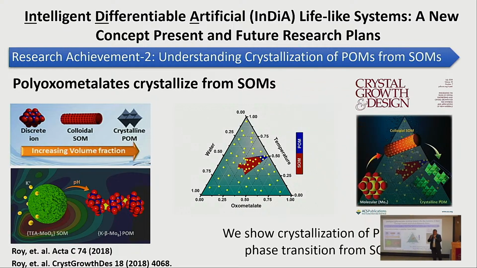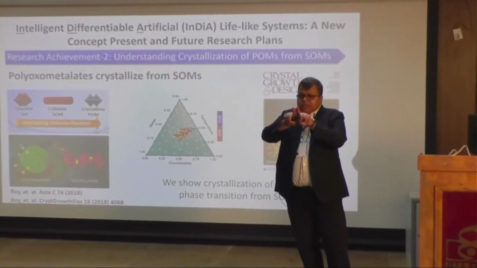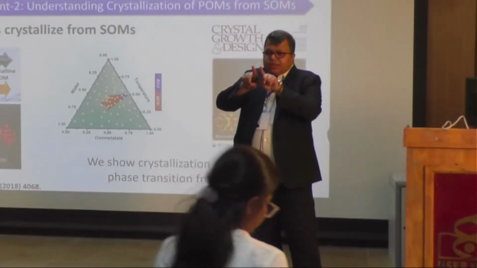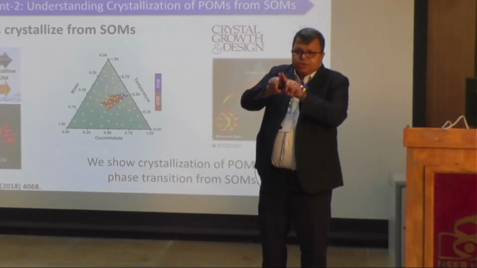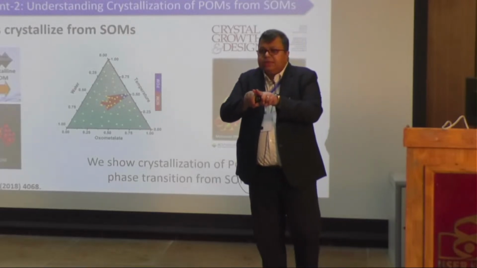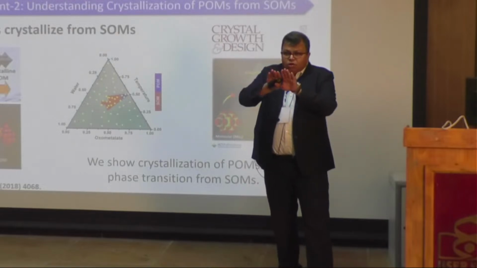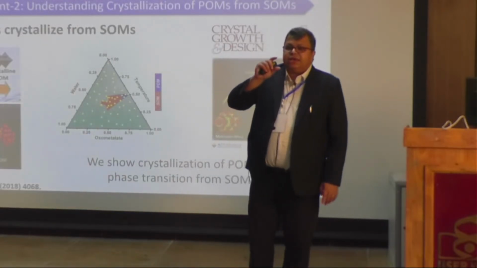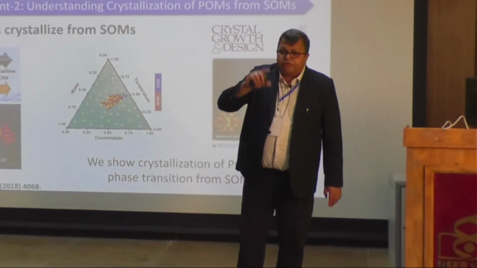When two particles come close, that means within this potential window, they are locked. They come close together, they are locked, and then they form extended units. Like this, there is a domino effect happening when all these particles come close and lock with each other, and thereby they form the crystalline polyoxometalate from the soft oxometalate.